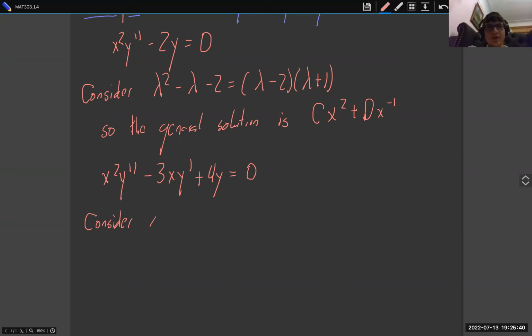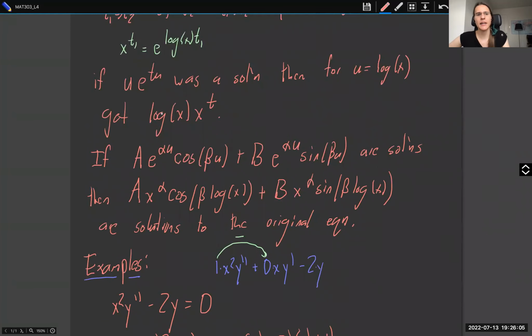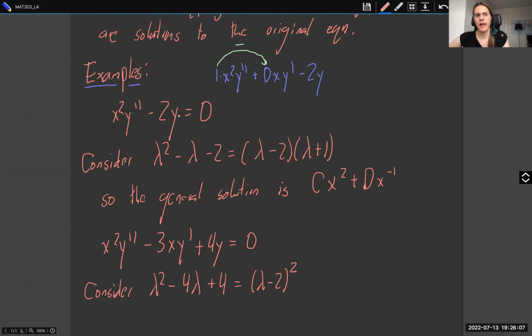Lambda squared minus 4 lambda plus 4. Exactly. And can you see how to factor that? Just lambda minus 2 squared. Good. So we have repeated roots. And so remember, when we have repeated roots, we add a logarithm in front of our x to the t.